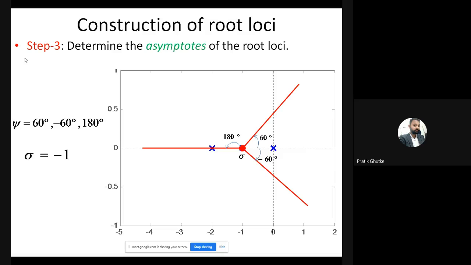We have calculated these angles of asymptote, psi 1, psi 2 and psi 3, by putting in the formula (2k plus 1) times 180 divided by P minus Z, where k is varied from 0, 1 and 2. So psi 1 was 60 degrees, psi 2 was 180 degrees and psi 3 is 300 degrees. These angles of asymptotes are plotted from the centroid only. That was the function of our centroid calculation.